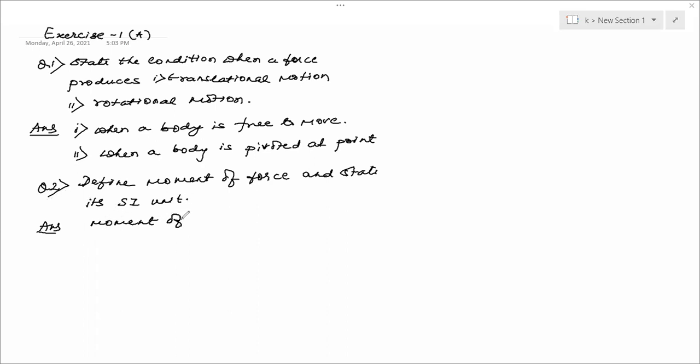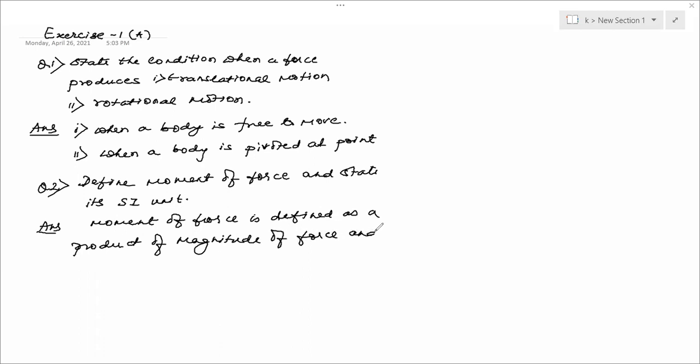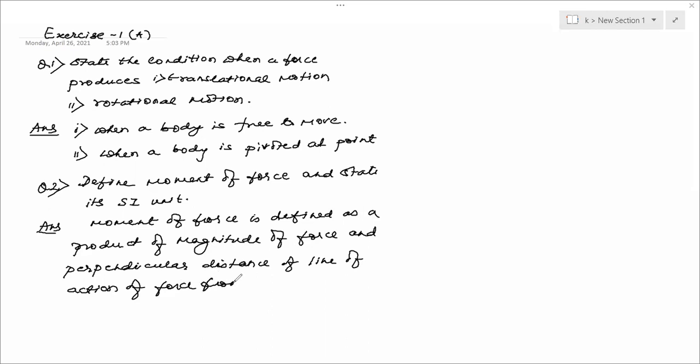So, moment of force is defined as a product of magnitude of force and perpendicular distance of the line of action of force from the axis of rotation.